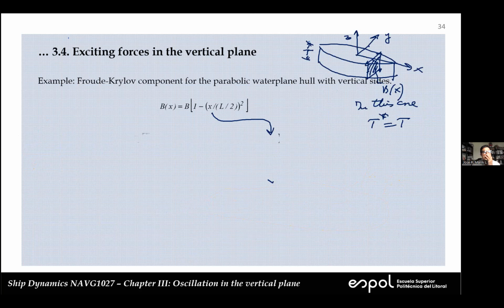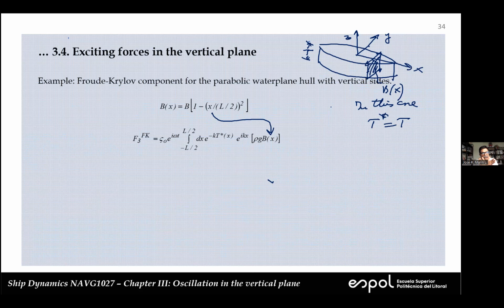Okay, this is something very interesting, because this is the shape of a ship. I don't know, maybe you have seen it. We have something similar to this in our lab. It's a gray model. The sides are vertical and the plane is parabolic.